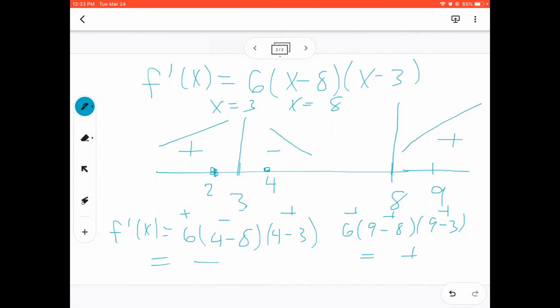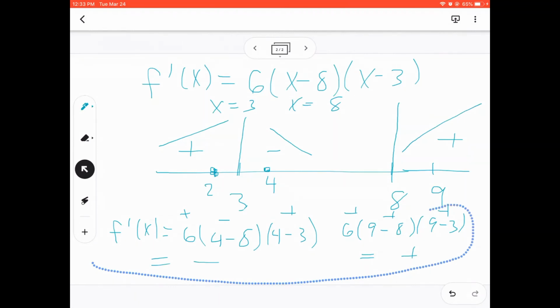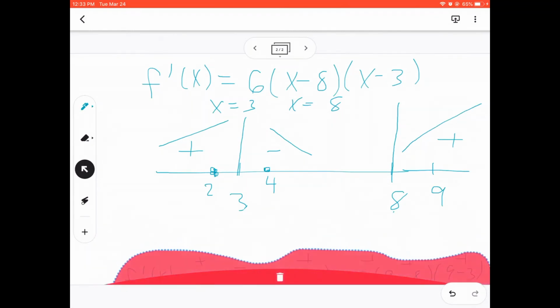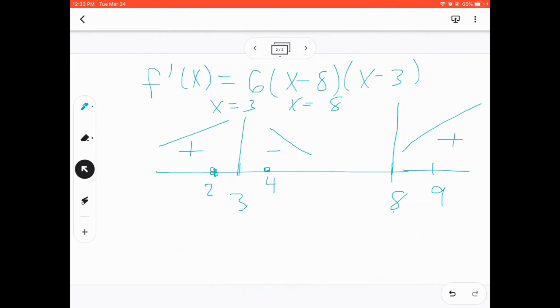Alright, so we can see the general trend here. From the left of 3, we have positive slopes. And then to the right we have a negative slope. So essentially we have this general shape. So you can clearly tell that at x equals 3 we have a maximum.